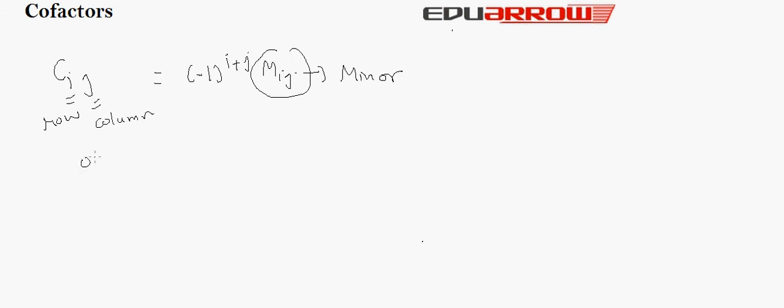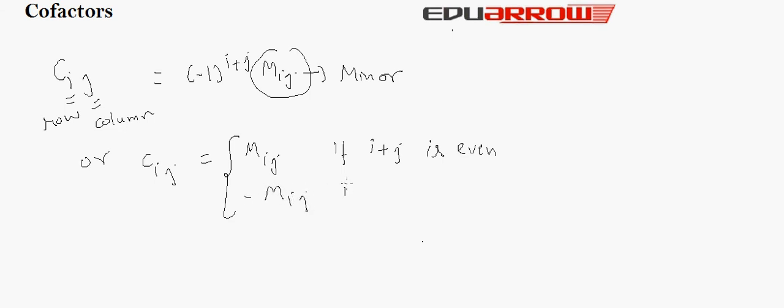Or we can say that Cij is equal to M of ij if i plus j is even, and minus of M of ij if i plus j is odd.